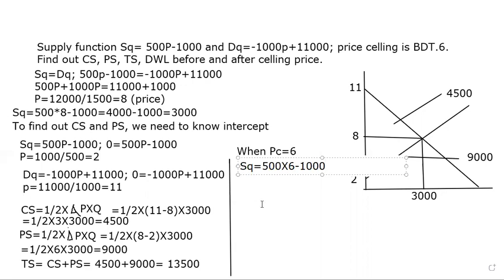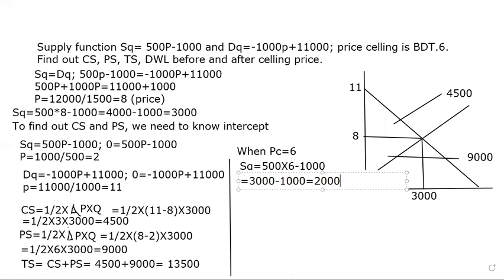So quantity supplied will be 3000 minus 1000, so it's equal to 2000. Right now you'll get your quantity supplied is 2000.